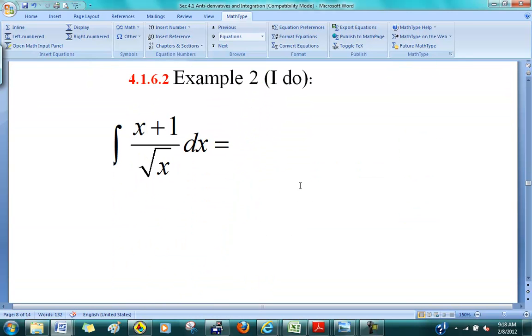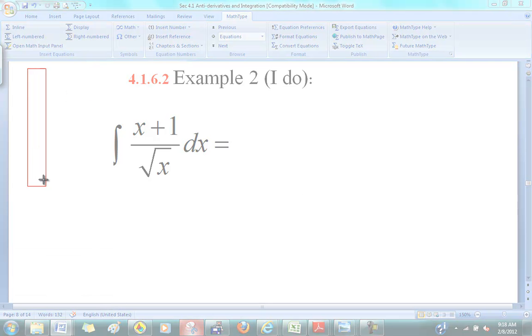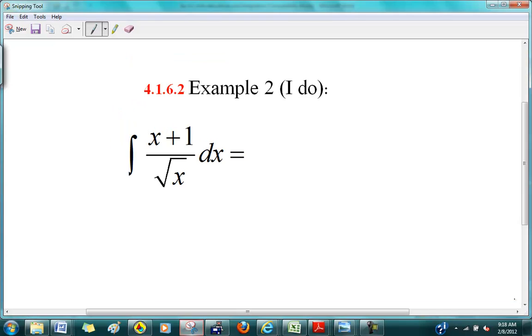Okay, I'll do this one too. Do you mind if I write this as, is this okay with you?